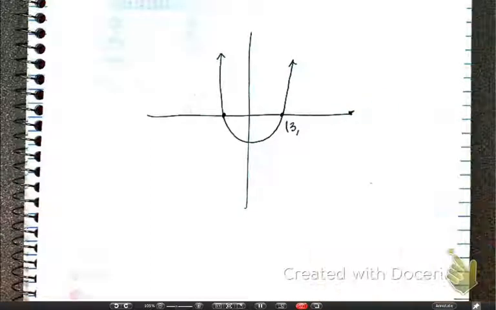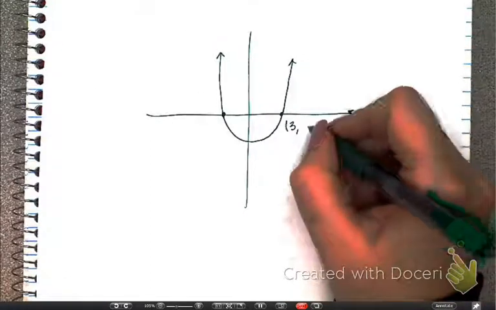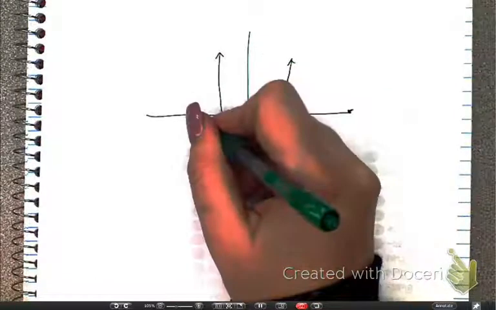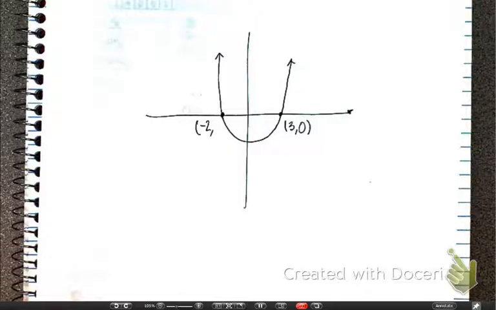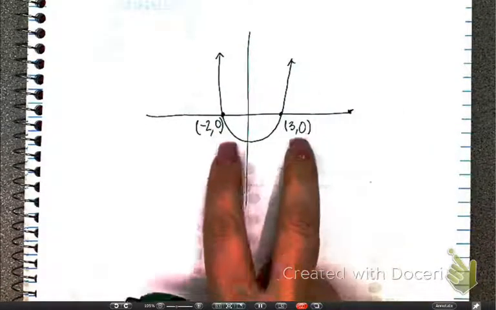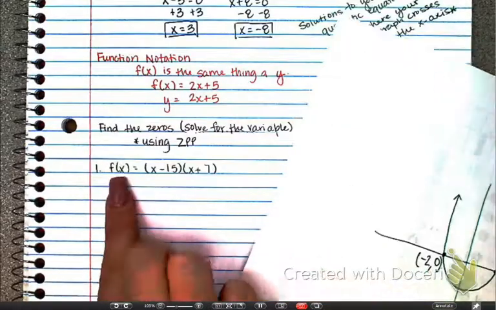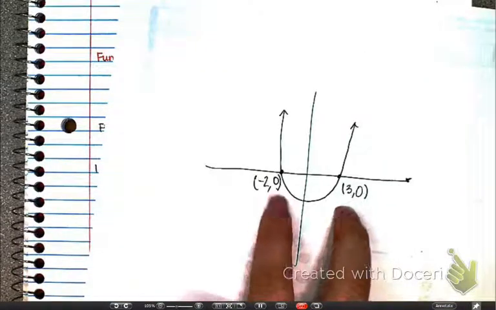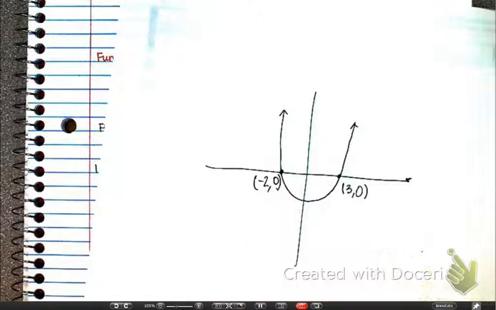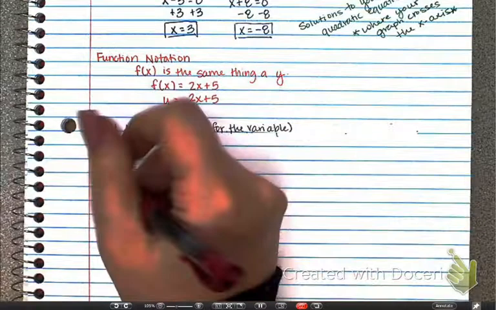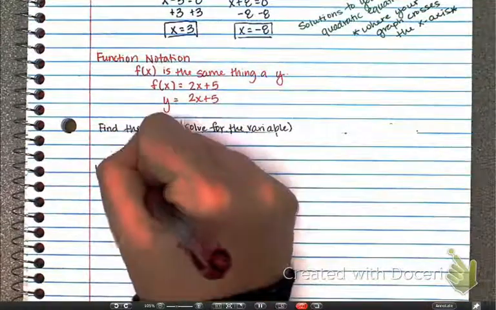What's the value of y? You should say 0. And let's say this is negative 2. What's the value of y? 0. So we're allowed to plug in 0 for y, or f of x, in order to find those zeros and figure out where we're going to cross the x-axis. So that's why we're setting the entire equation equal to 0.